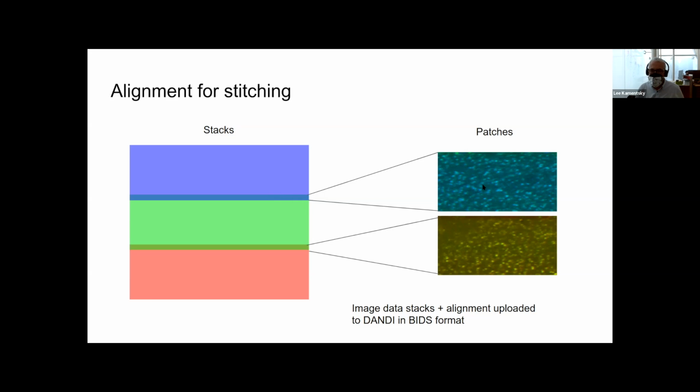So you take patches out of there, and you go through this process of finding the nuclei in the patches and registering those using correlation coefficient.